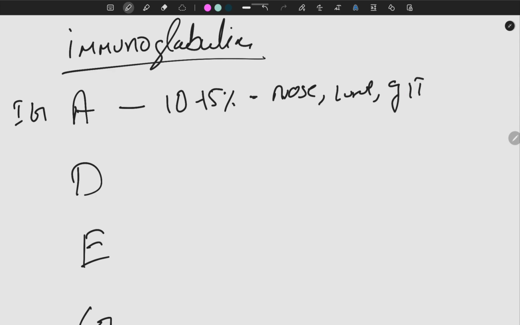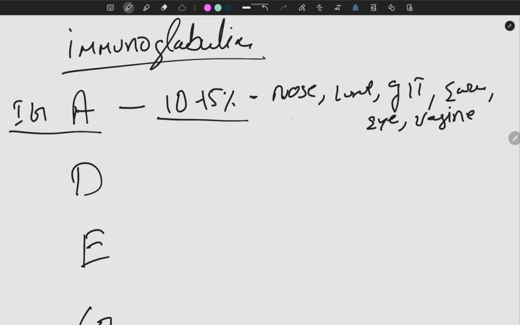GIT is nothing but the gastrointestinal tract, and also the ears, eyes and vagina. So IgA is present 10 to 15%, in nose secretions, lungs, GIT, ear, eye and vagina.